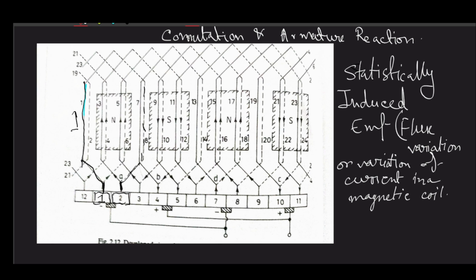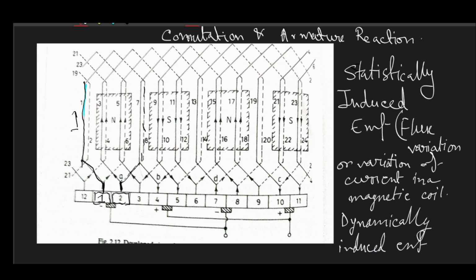And another one is dynamically induced EMF. Please check the spelling. I always make some spelling mistakes because Microsoft Word damages us in this way, so that we cannot write correct spelling by ourselves. So it may happen that I have made a few spelling mistakes.